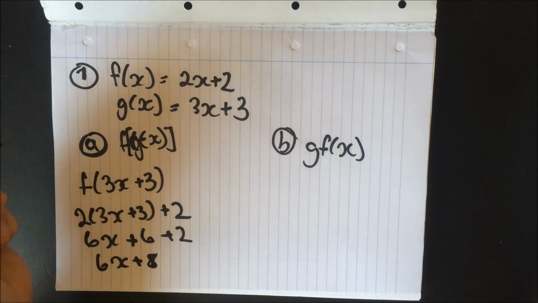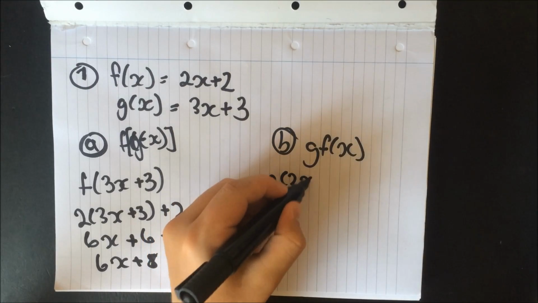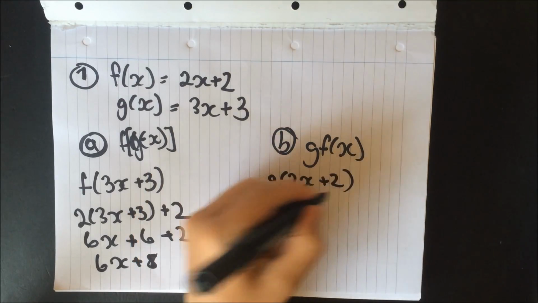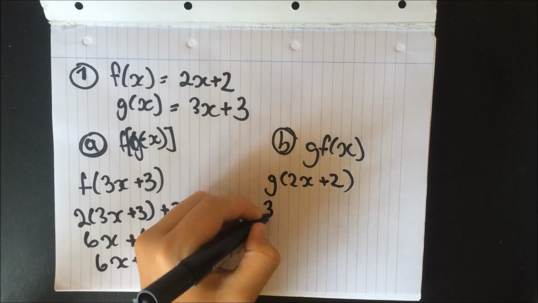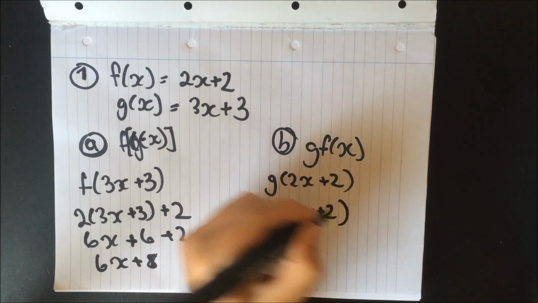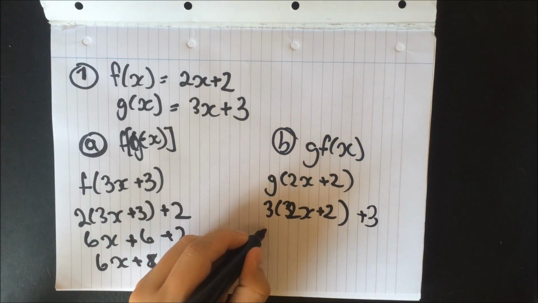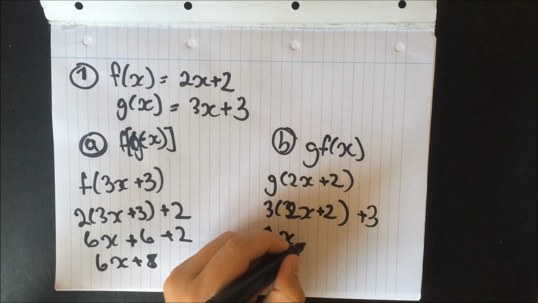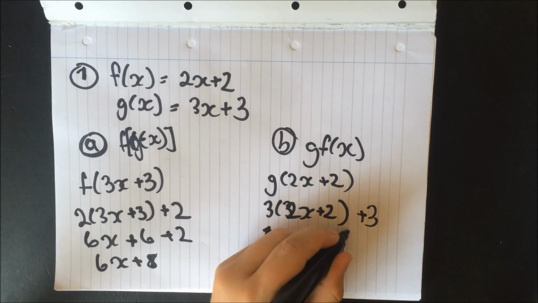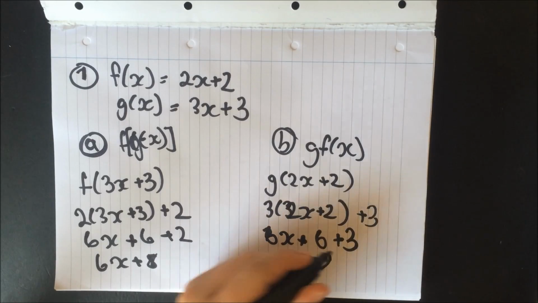Okay, so g of f of x is g of 2x plus 2, and that would be 2x plus 2, and then plus 3, which will give us 6x plus 6, and then plus 3, which will give us 6x plus 9.